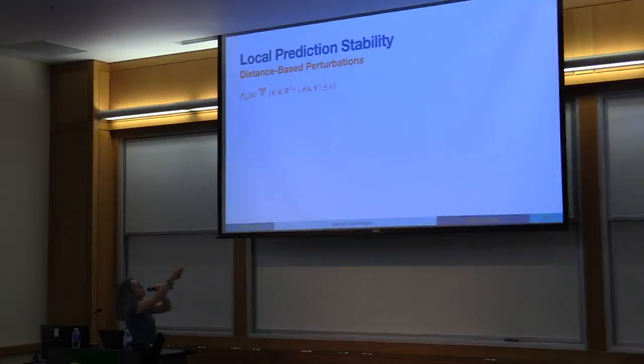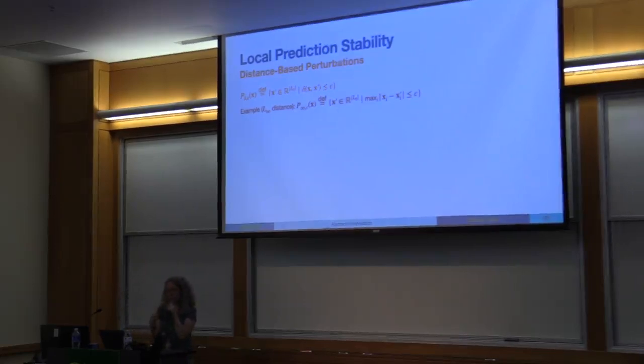The neighborhood is basically all the other images that are at a certain distance from the input image. And the distance is limited by a threshold epsilon. As an example, the most common is this L infinity distance. So you have all the other images, you take the maximum of the differences of the pixels, and this is smaller than a certain epsilon.